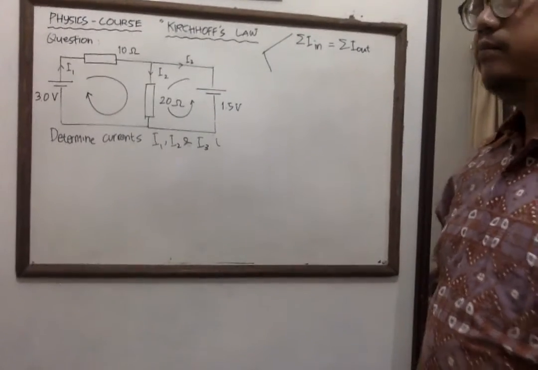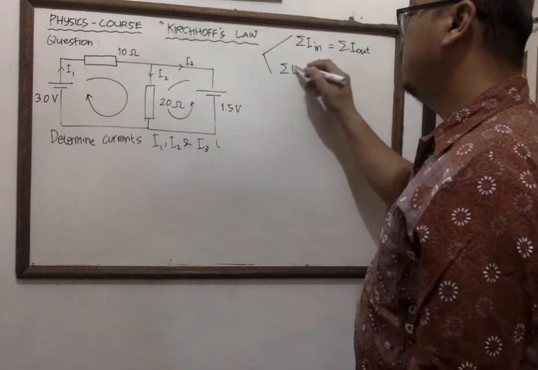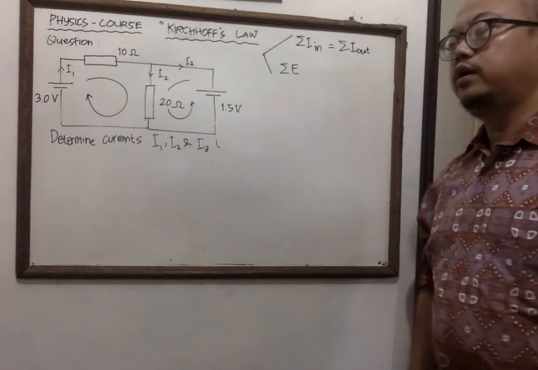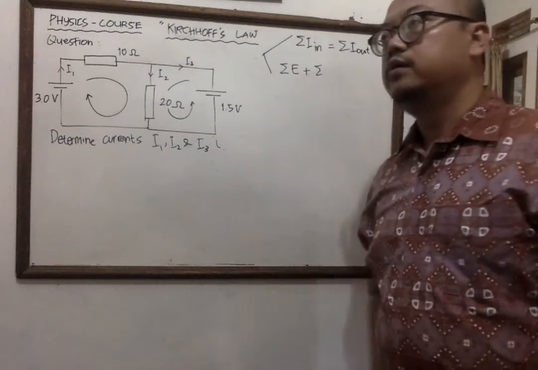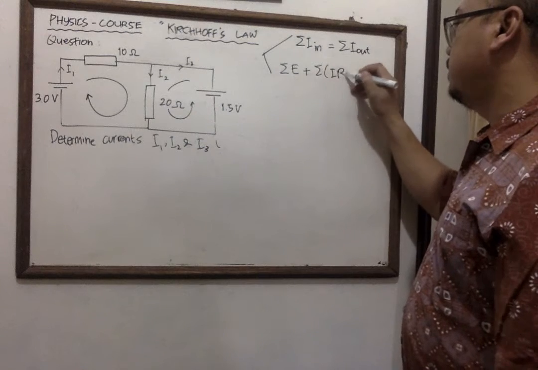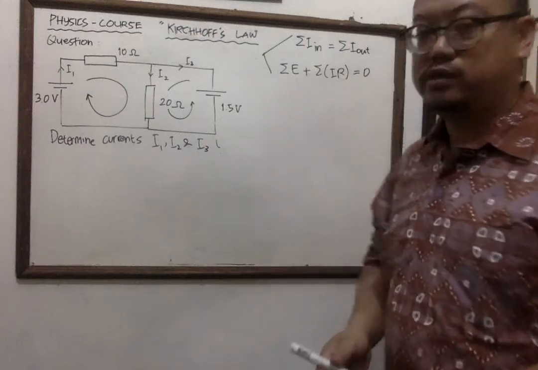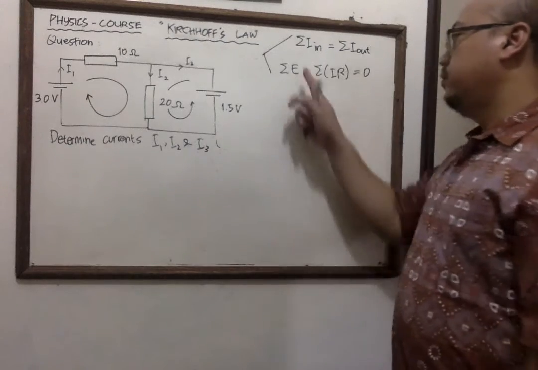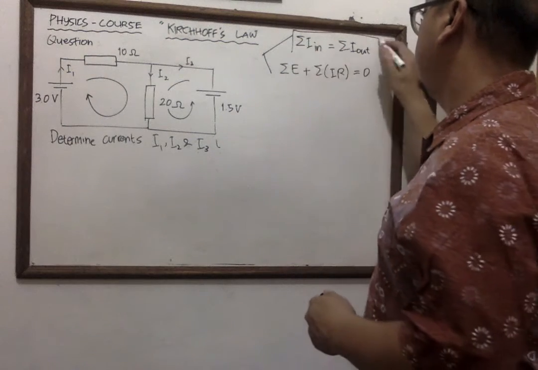And then the second one is the total electromotive force plus the total multiplication of IR equals 0. I is current and R is resistance. Okay, we use this formula to solve this problem.